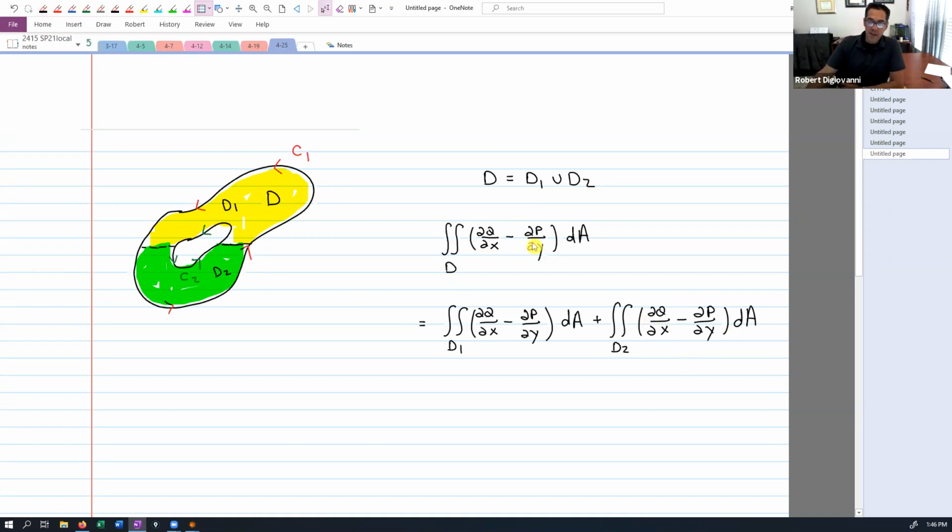In other words, if this double integral exists, then I can break it into two, right? This one over D1 and this one over D2. Yes?